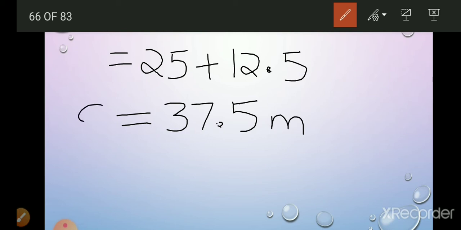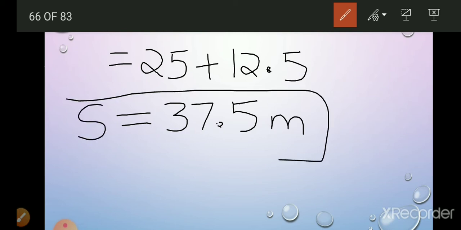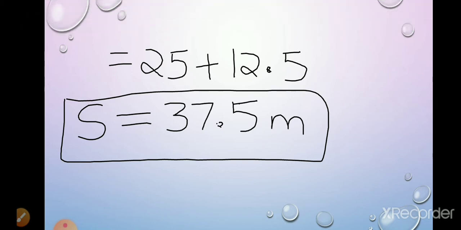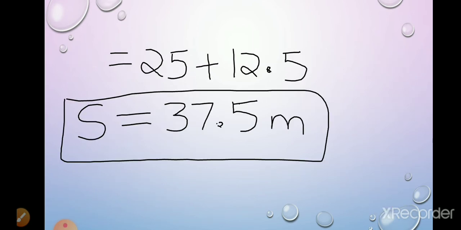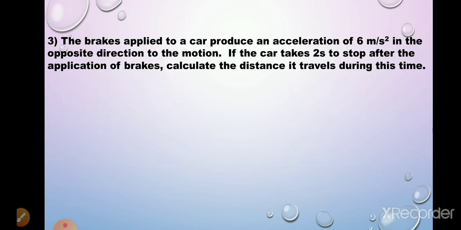So distance travelled s is 37.5 meter. Okay, so you have got acceleration equal to 1 meter per second square and distance travelled is 37.5 meter. Next let us solve the third problem.